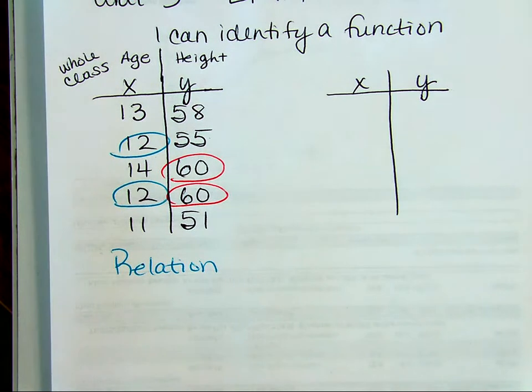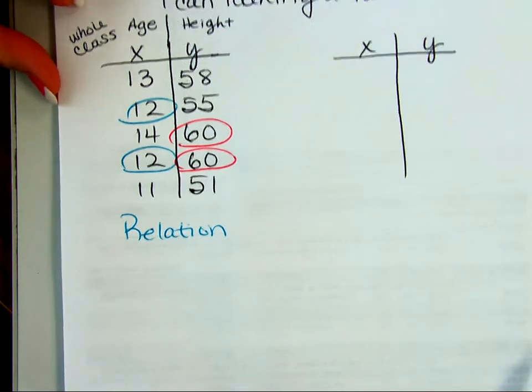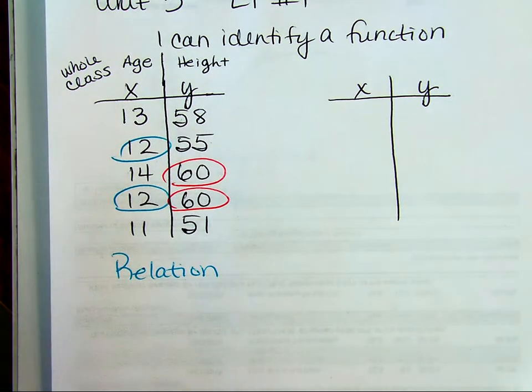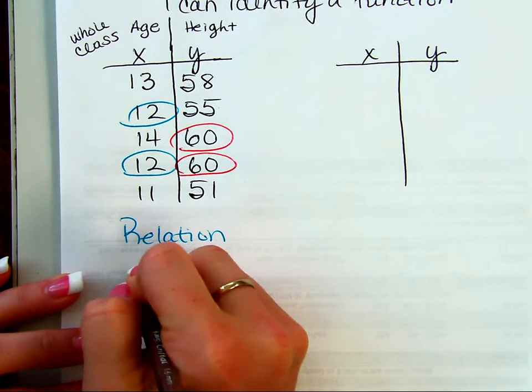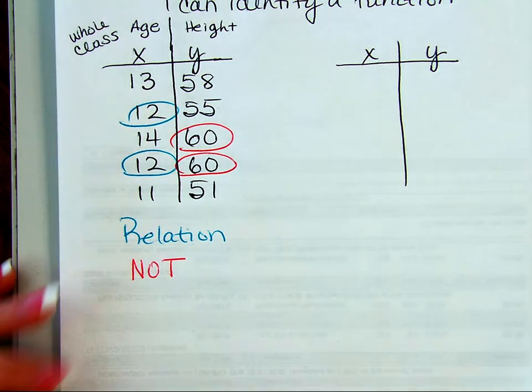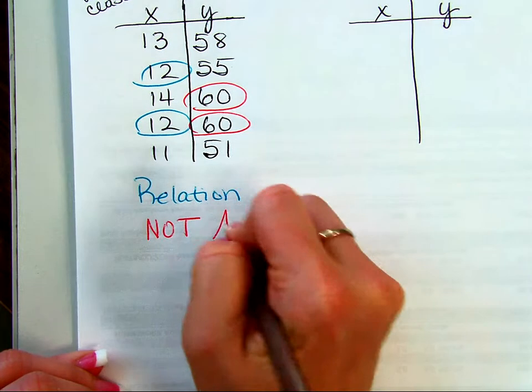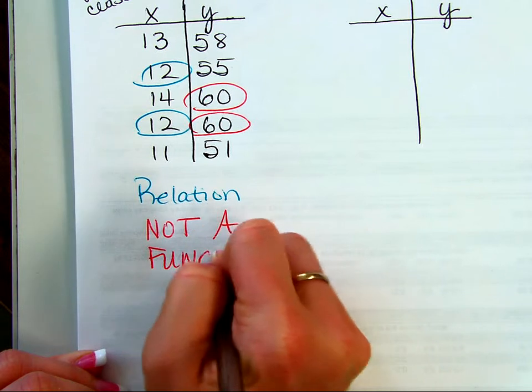It depends on how strong their bones are, how much they took care of their bones, how much milk they drink. So does everybody agree that this is a relation? There is a relationship between age and height, right? I am going to tell you, though, that this data does not represent a function. It's not a function. We're going to find out why in a minute.